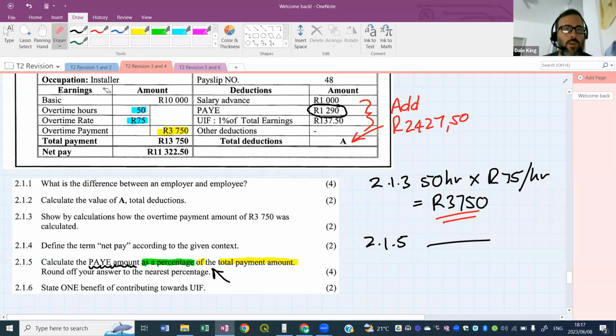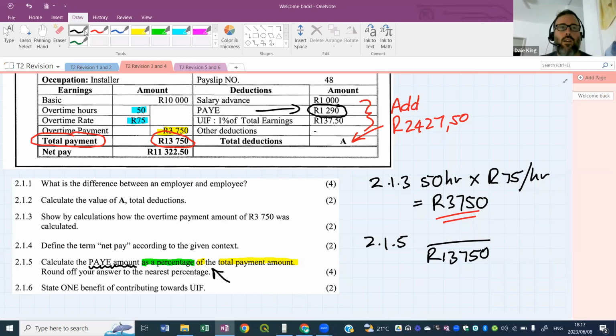Where is the total payment amount? Here it is here. There's the word total payment. So there's the total payment amount. So this total payment amount comes here. So this is 13,750. And what are we working out as a percentage? The PAYE amount, like I said before, there it is there on the right-hand side. So that is on top of our fraction, 1290.